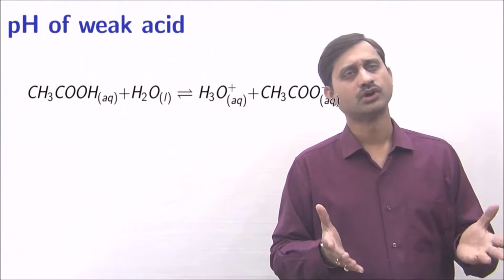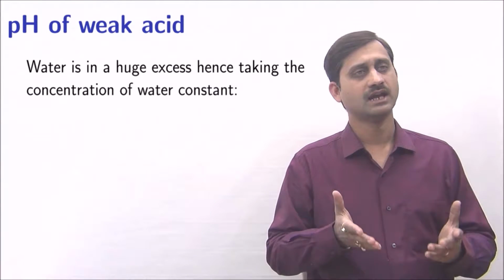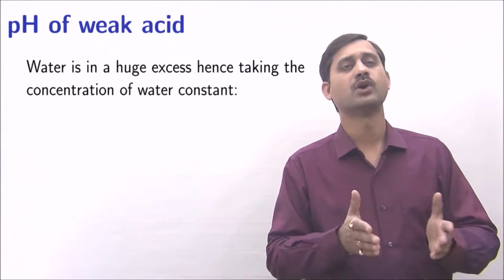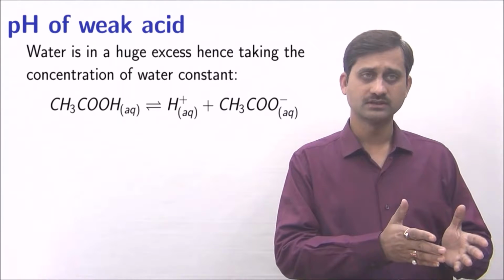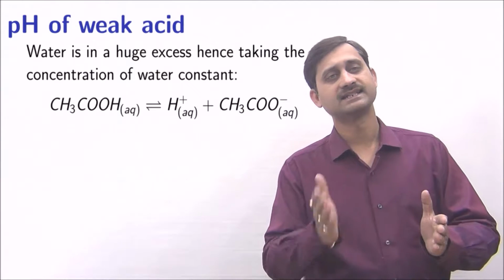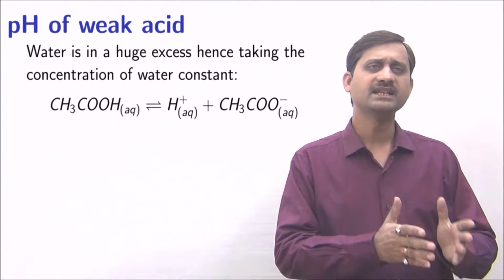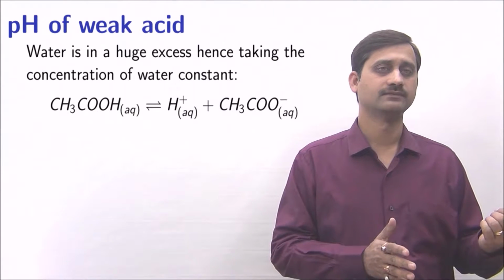Here again, water is present in huge excess and is the solvent as well. So the equation is written excluding water, in the form of acetic acid aqueous in equilibrium with H plus aqueous and acetate ion aqueous. Here again, we have made the equation in a form where we have only one reactant on the left hand side.